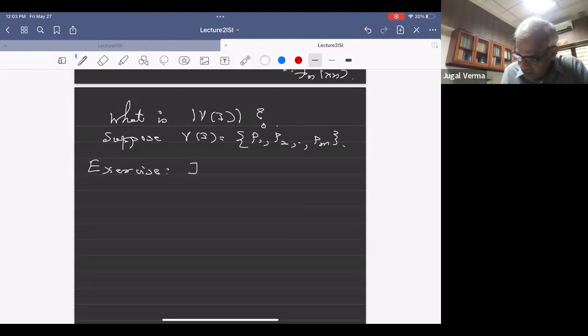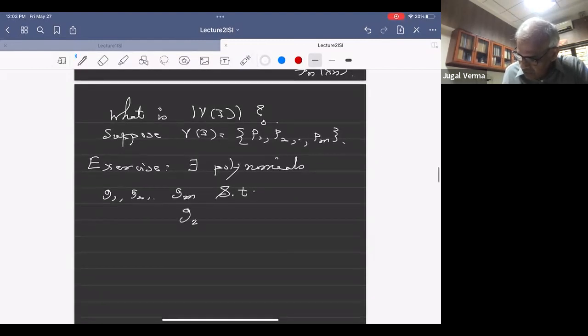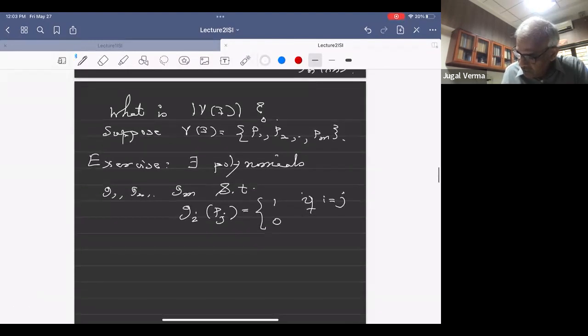There exist polynomials G1, G2, up to Gm such that Gi evaluated at Pj equals 1 if i equals j, and 0 if i is not equal to j. Does it remind you of something which you have done in numerical analysis?